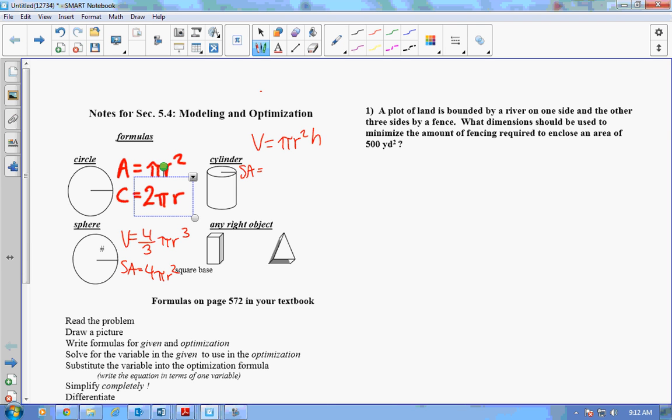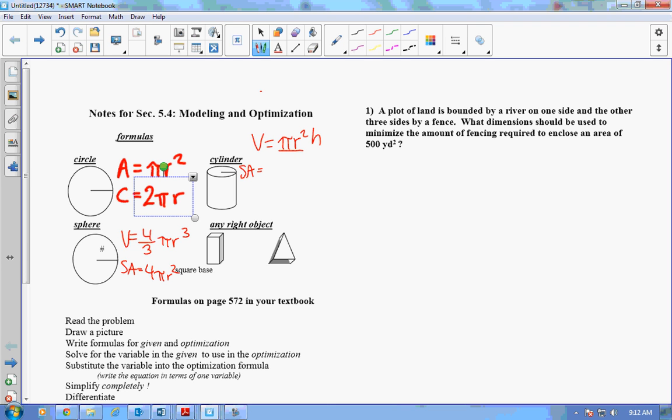Can you take the derivative of that? We have two variables. This is implicit differentiation, right? What's the derivative? Product rule. First, what's the first? Pi r squared.